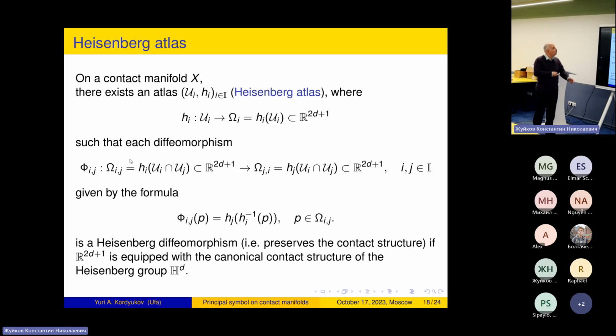So this brings us to the notion of Heisenberg algebras. At each point we can take a chart which is diffeomorphic to the Heisenberg group. And then we know locally we have pseudodifferential operators, and we know how to construct the pseudodifferential calculus once we have the local pseudodifferential calculus.